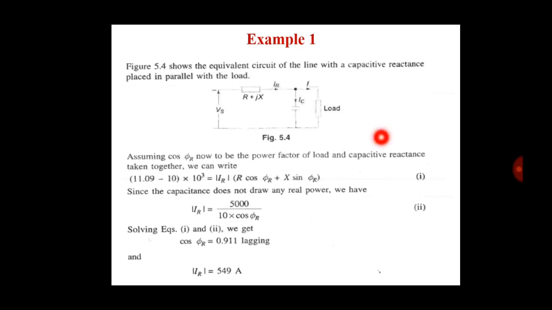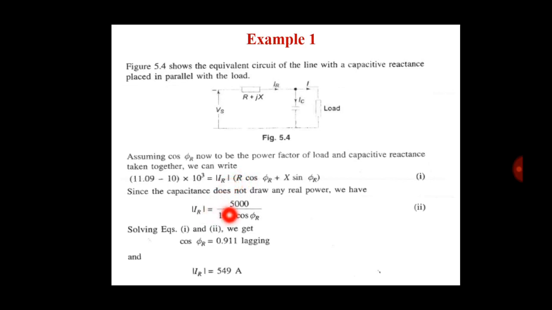From this equation, 11.09 minus 10 into 10 raised to 3 is equal to IR into R cos phi r plus X sin phi r. Put the value of VR, and we also have the value of IR.